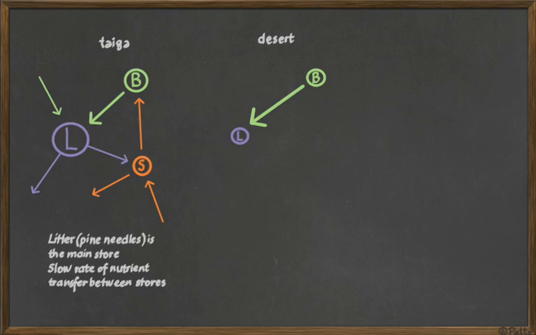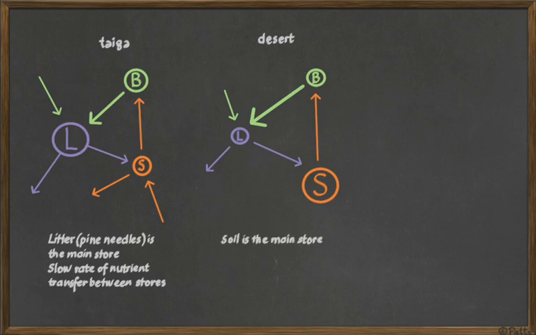But because it's very hot, you have a little bit getting in, a little bit getting out, but you also have decomposition. So a little bit of what dies goes back to the soil. And the soil then is the biggest depository, because not many plants take material from the soil. Whatever grows dies and goes to the litter, which goes to the soil again. So the soil is going to be the biggest depository of nutrients in a desert.